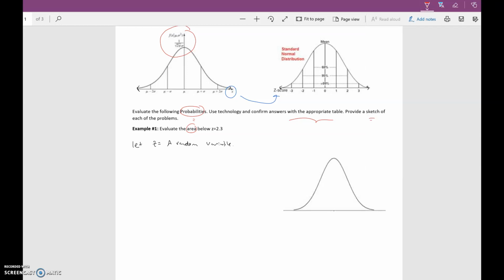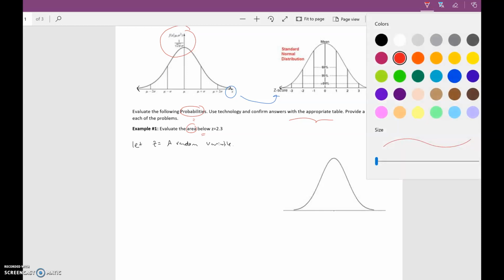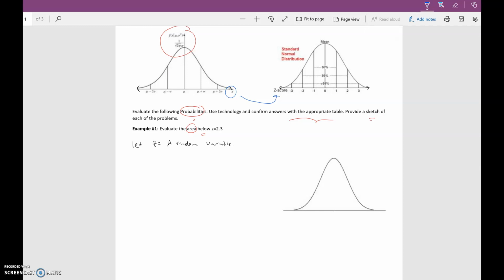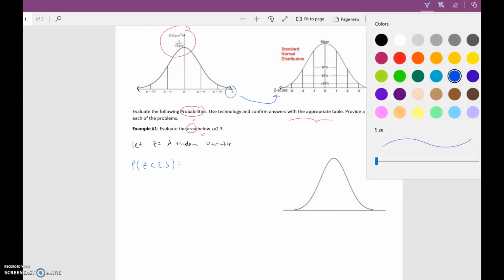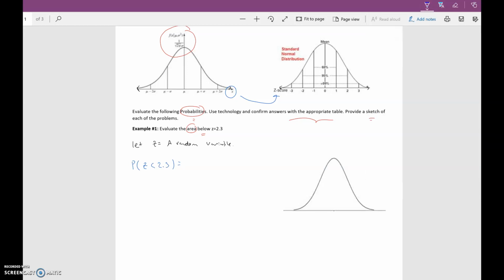Now, the first problem that they're asking about is below z equal to 2.3. So technically, if we were going to express this as a probability and you translate it exactly as it reads, in this case, this one says z is less than 2.3. Now, because of a technicality, any problem that says less than for the normal distribution, you're just going to say that this is z is less than or equal to 2.3.